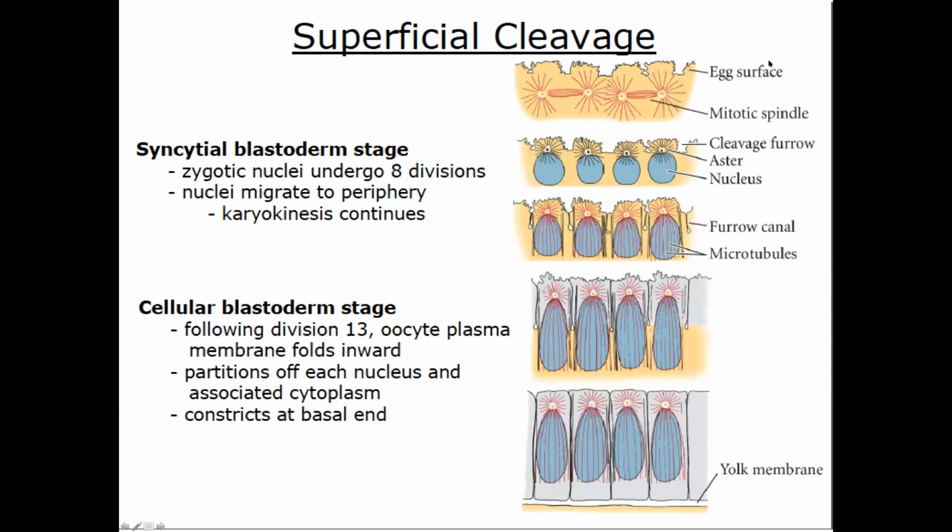This is what it was at stage 13, and this is what it is at stage 14. And there is an apical basal polarity that gets established just because the nuclei are more apically placed than basally. And this is called the cellular blastoderm. And this transition is called cellularization.